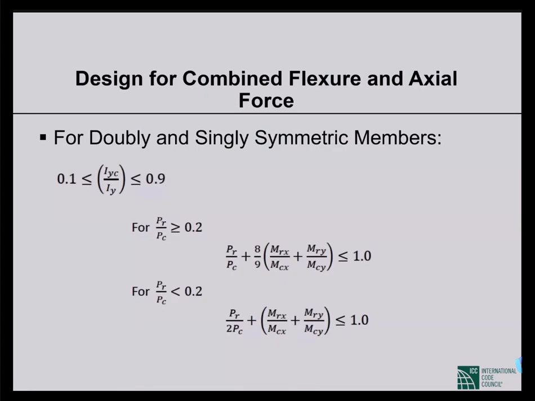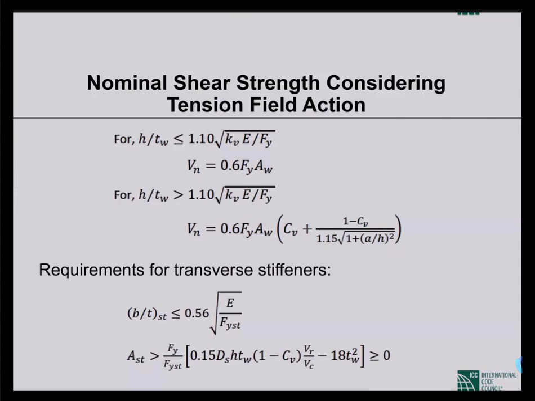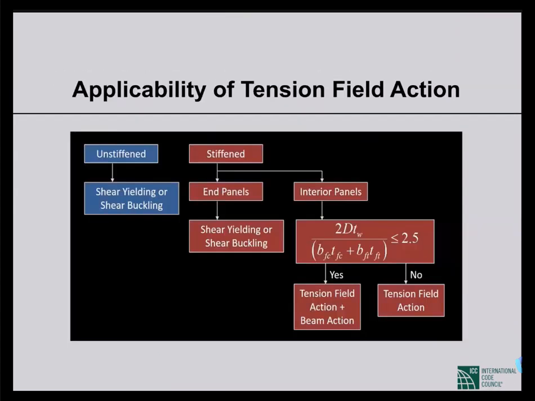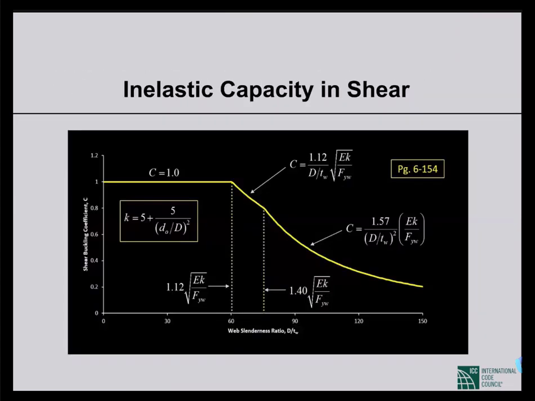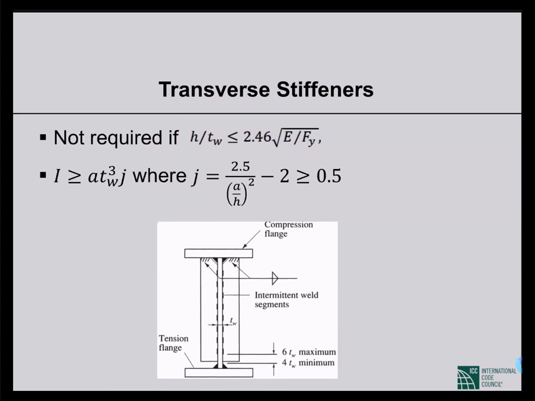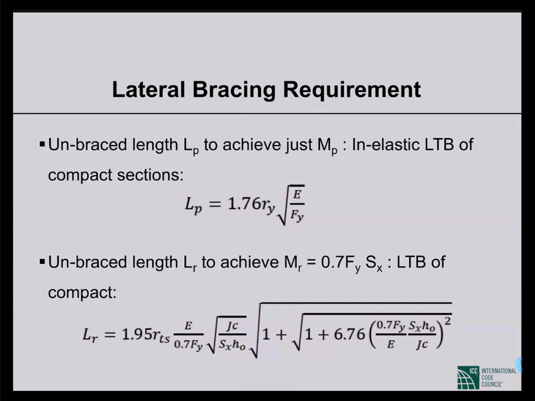Then we have, I think, covered the basic things: design for tension, design for compression, design for shear, and then there are some other topics. I forgot to tell you that I have skipped some sections in the code which are related to design for flexure. For example, this part.